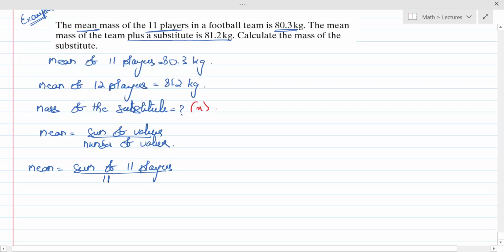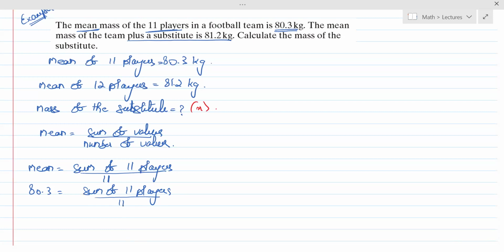Mean is given as 80.3. So 80.3 is equal to sum of 11 players upon 11. Now here, if we multiply 80.3 by 11, we'd be able to find the sum of 11 players.